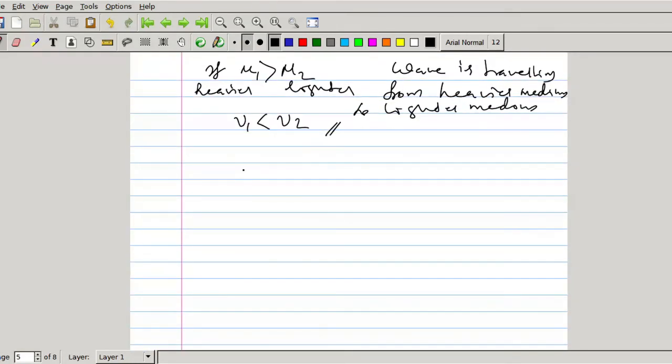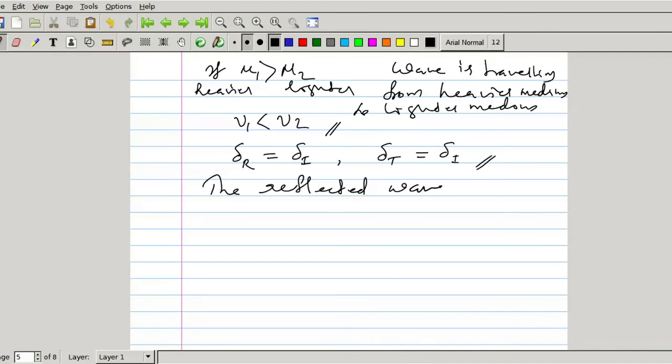That means the reflected wave is in phase with the incident wave. So this we have obtained for classical waves, and the same thing you can obtain for electromagnetic waves.